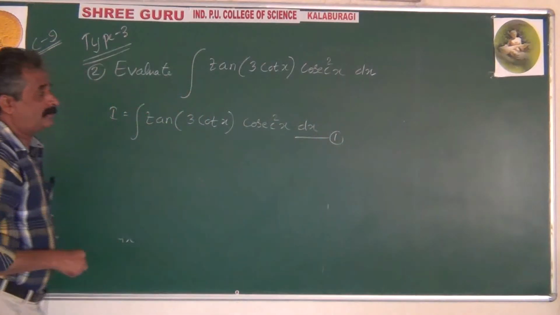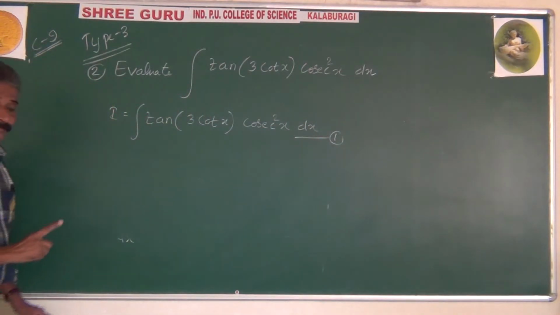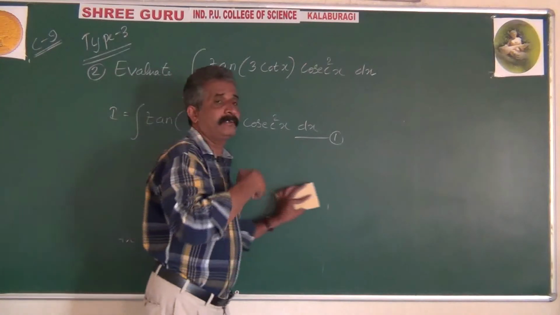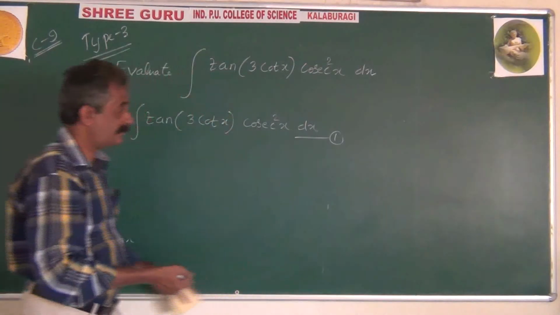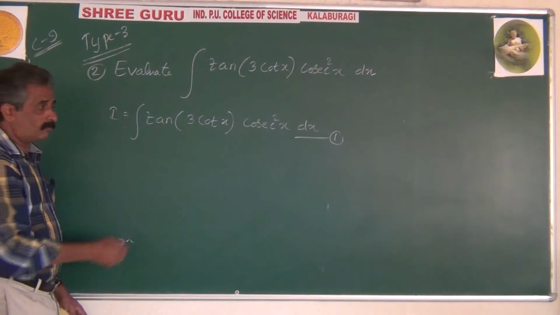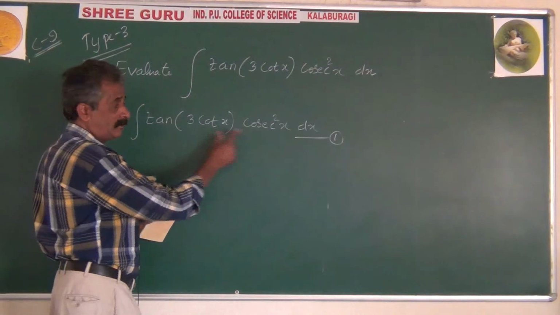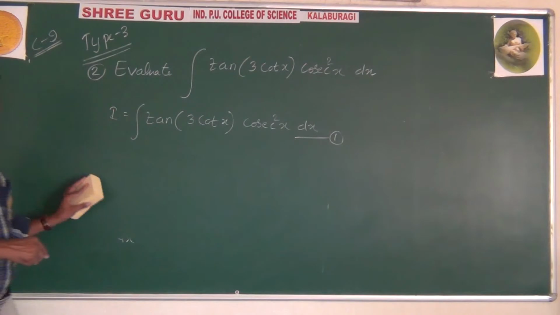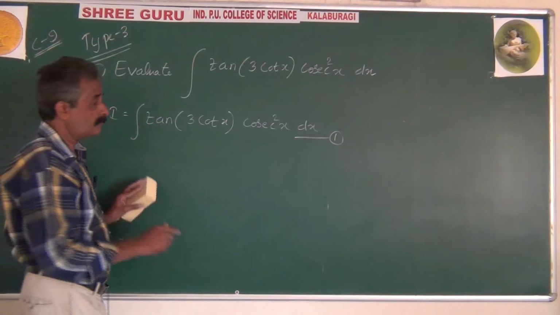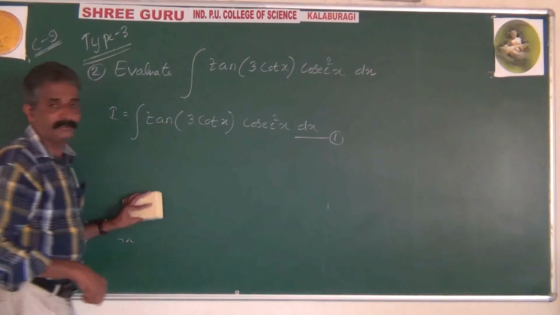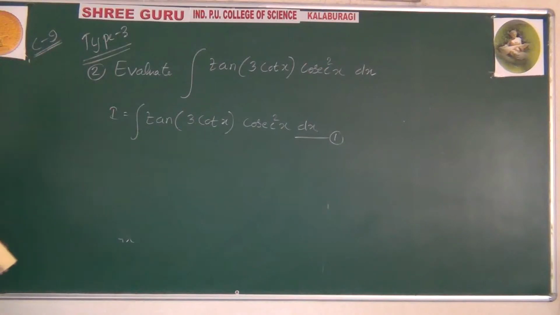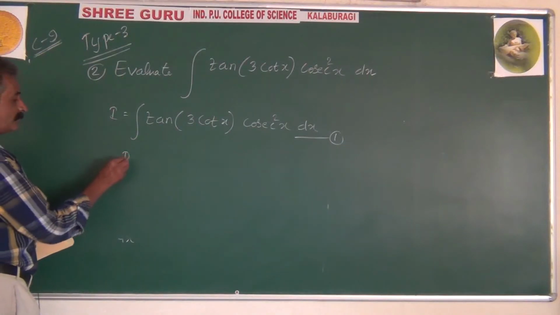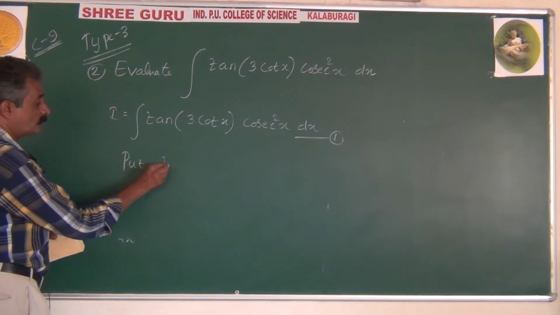And you try to analyze correctly which function's derivative is existing. What's the differentiation of cot x? Minus cosec square x. Minus can be adjusted. So we need to put t for cot x because there is a presence of cosec square x. Put t equal to cot x.